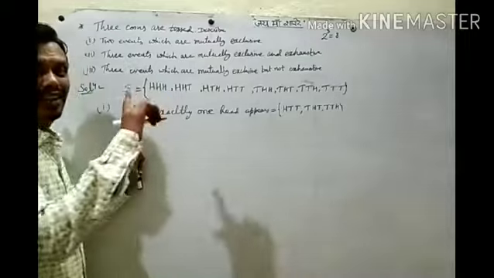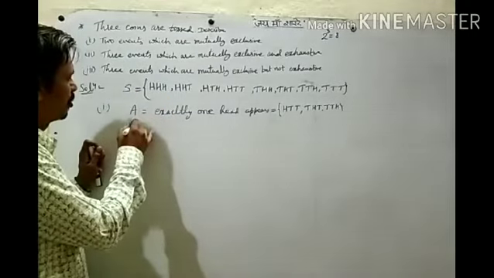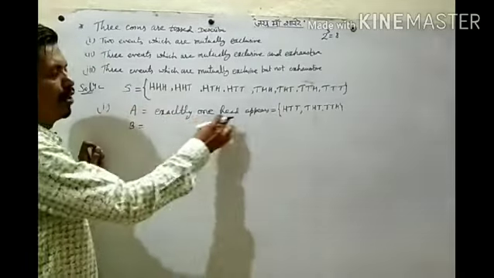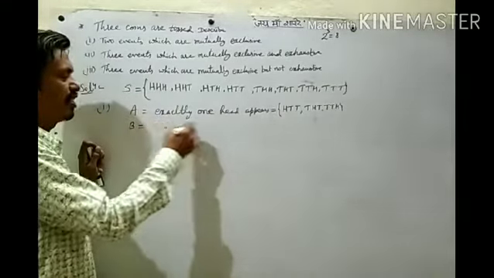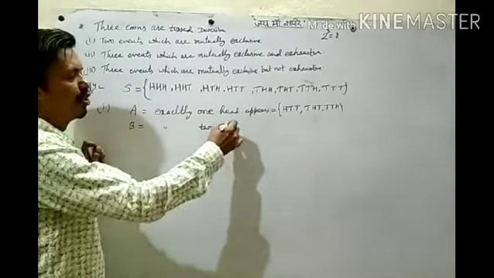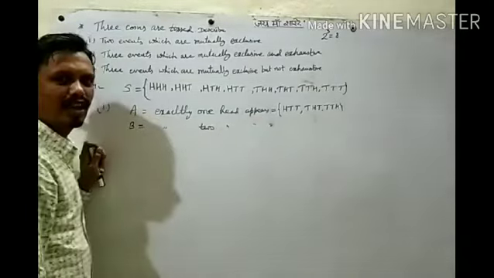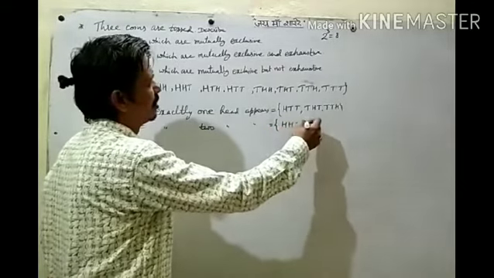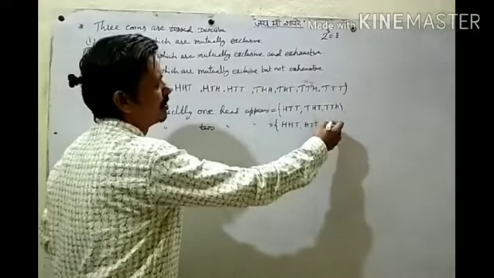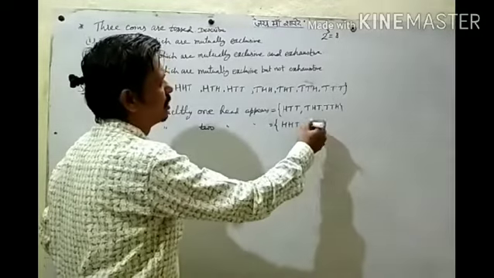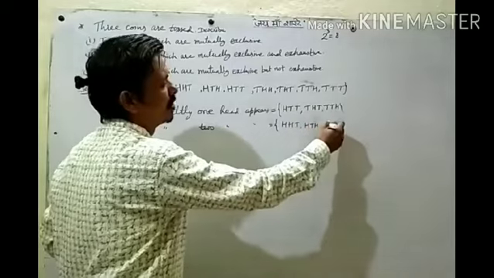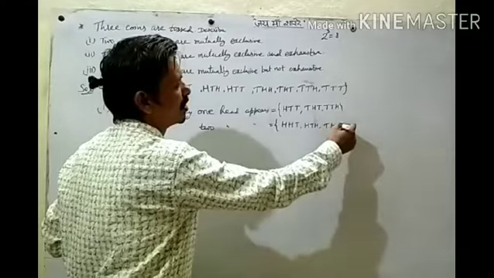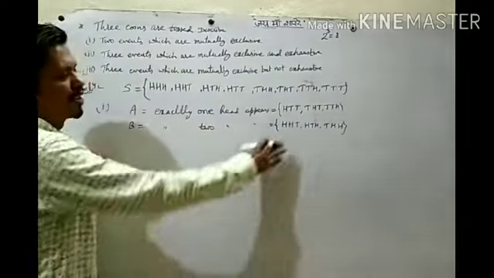We need the intersection empty. So now in B there should not be any element from this. So here you can say exactly 2 heads appear: H, H, T, H, T, H, then T, H, H. This will be our sample points for this.